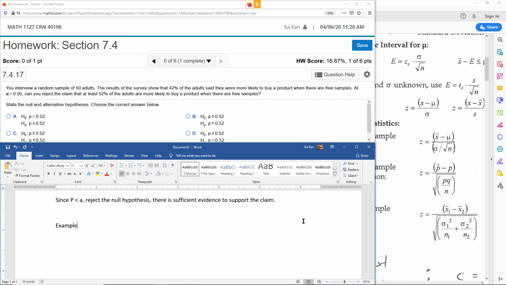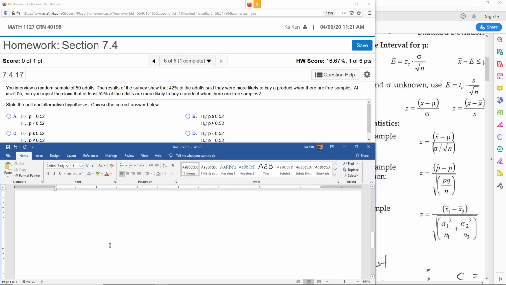So the next example is 7.4.17. So this one is gonna be, let's say we have the result. You interview 50 people. The result is 42% of adults say they're more likely to buy a product when they have free samples. At this level of significance, can you reject the claim that at least 52% are likely to purchase an item when there are free samples?